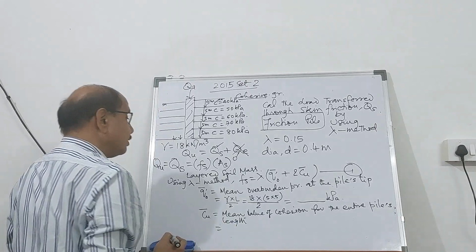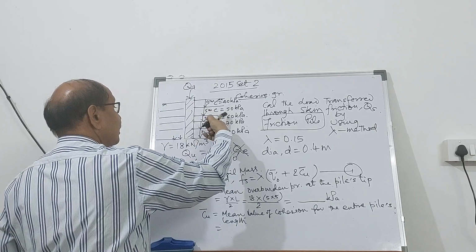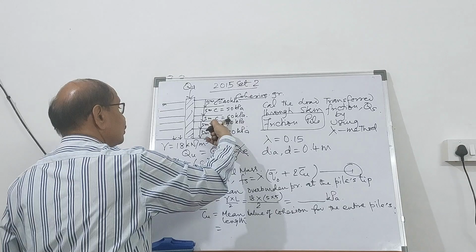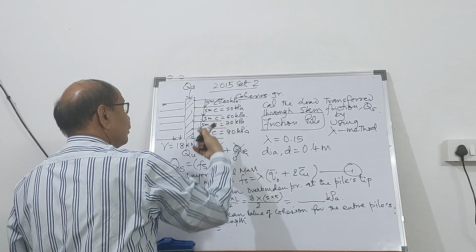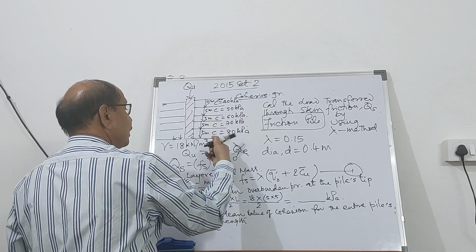So how much will it be? You can just see 40 plus 50, 90, plus 60, 150, plus 70, 220, plus 80.